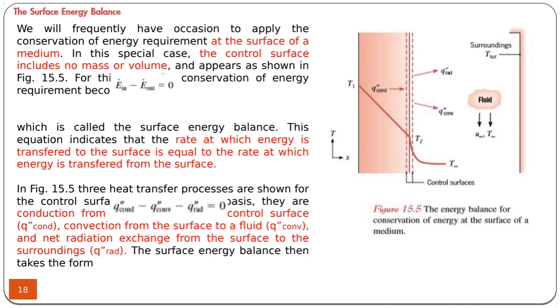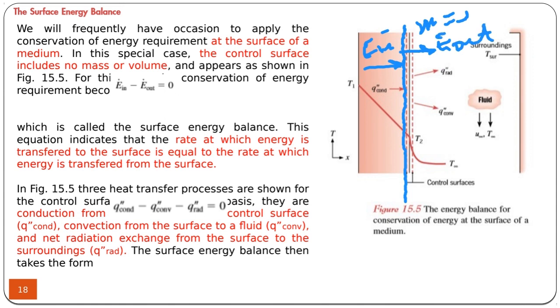On the other hand, if you're talking about a very thin boundary, so thin that its mass is 0, then the energy cannot be stored in this boundary, but the energy balance should still be there, meaning that E in must be equal to E out. All others are 0. We are only left with E in and E out. This is called a surface balance.